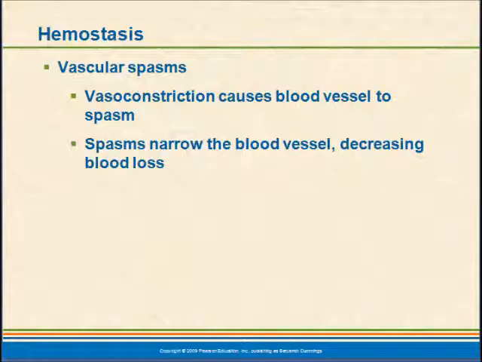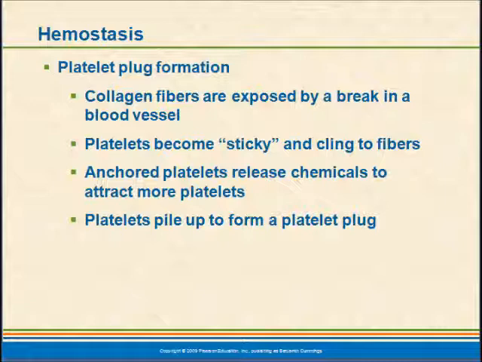So, a little bit about each then. Vascular spasm. Vasoconstriction causes blood vessel to spasm. Spasm narrows the blood vessel, decreasing blood loss. The platelet plug forms, and the way the plug forms is that platelets will bind to exposed collagen. We talked in earlier chapters about how we have epithelial tissue that lines all surfaces.